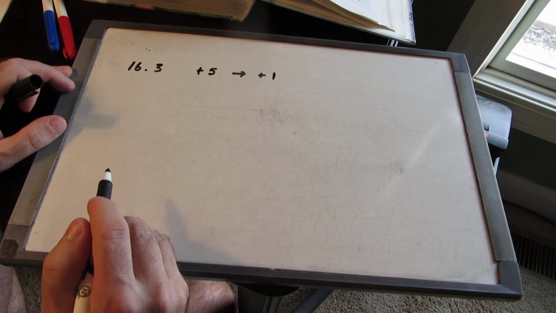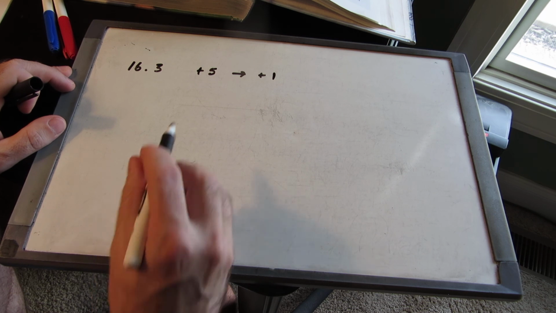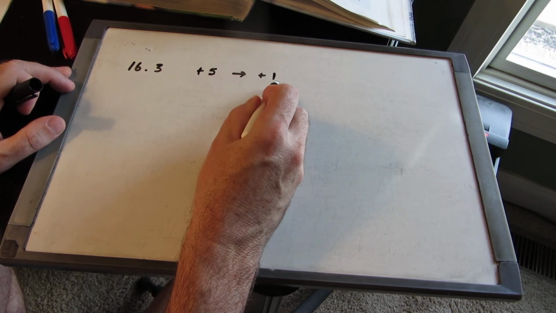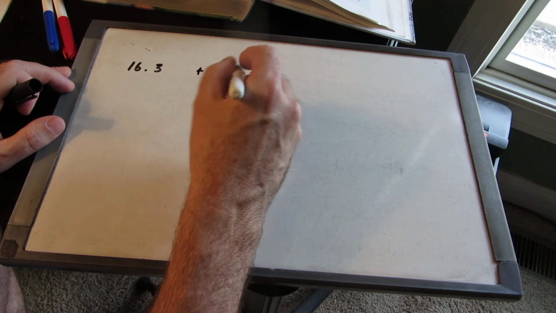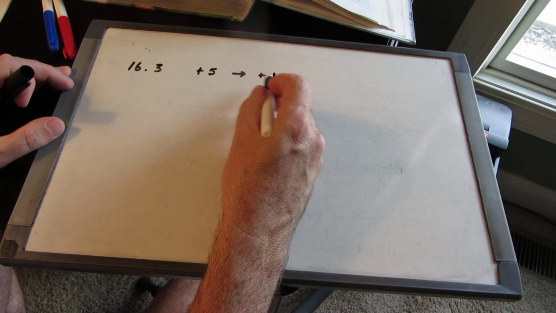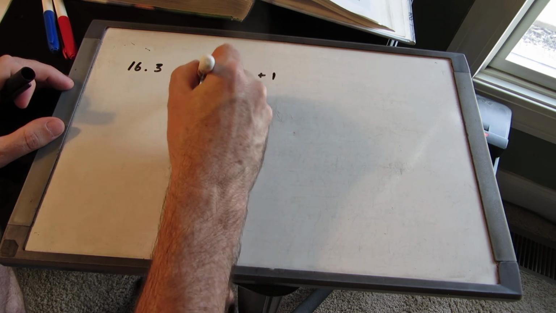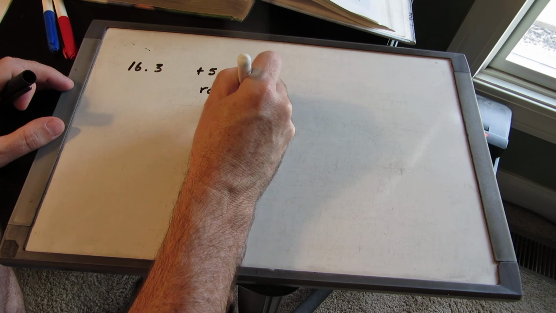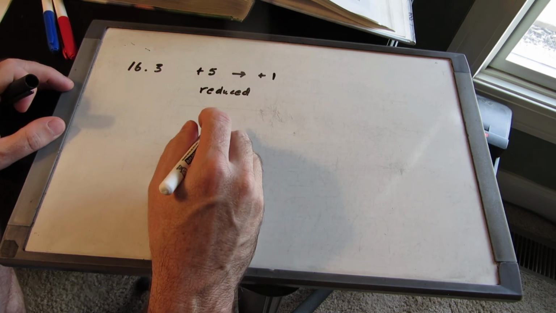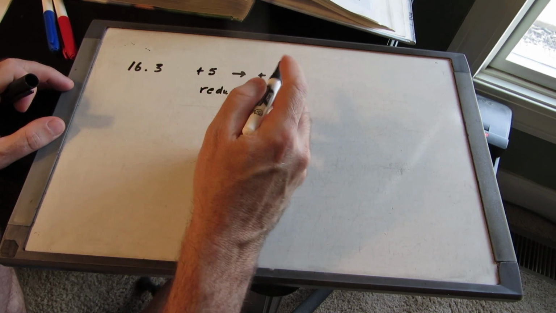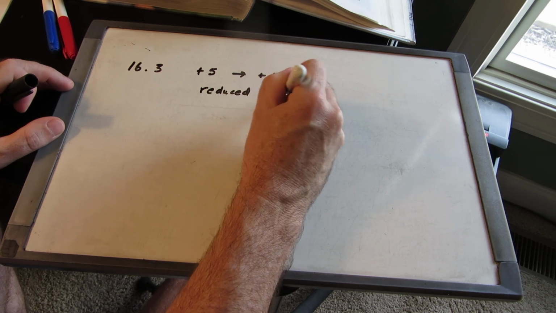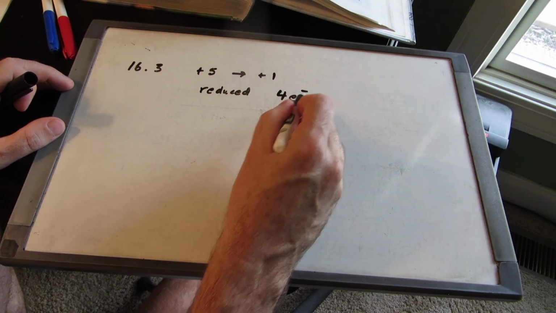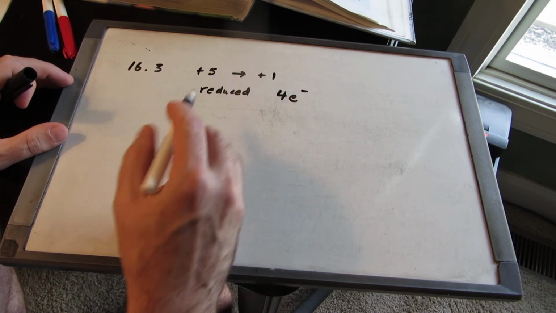Was it oxidized or reduced? Well, the number got smaller, so it gained electrons. It became more negative. If the number got smaller, that just means it's reduced. By how many electrons? +5 to +1 is 4 electrons. The way you can write it is just 4 e minus. e minus is chemistry for electrons, and it was 4 of them.